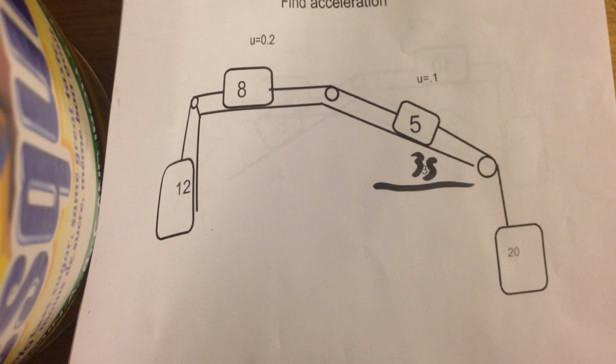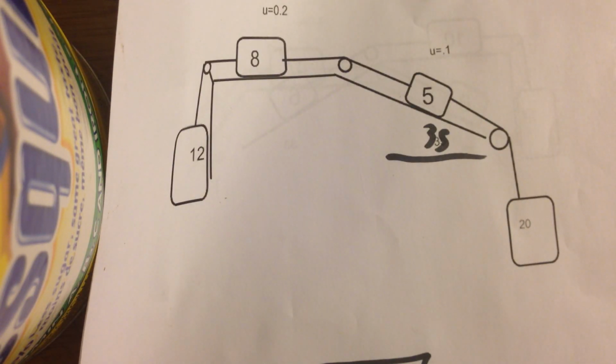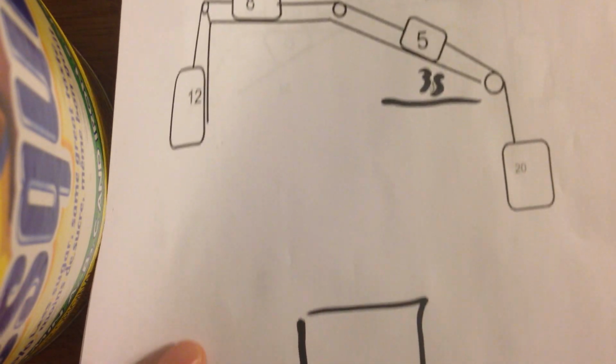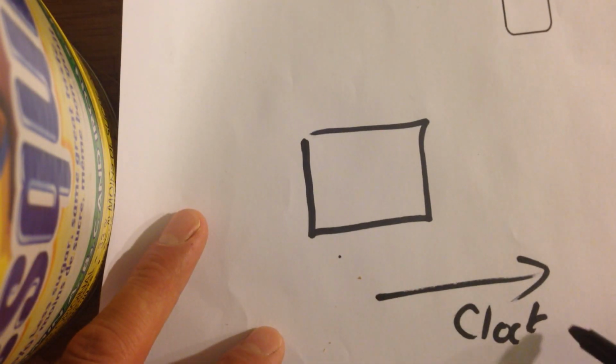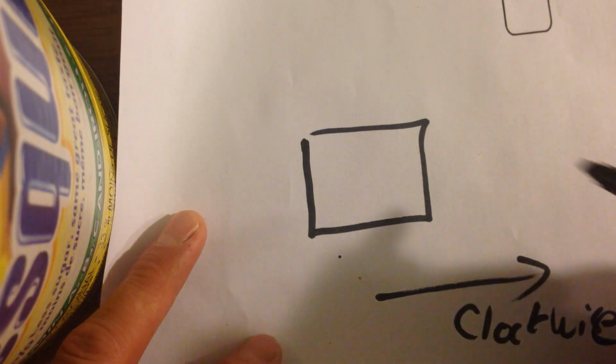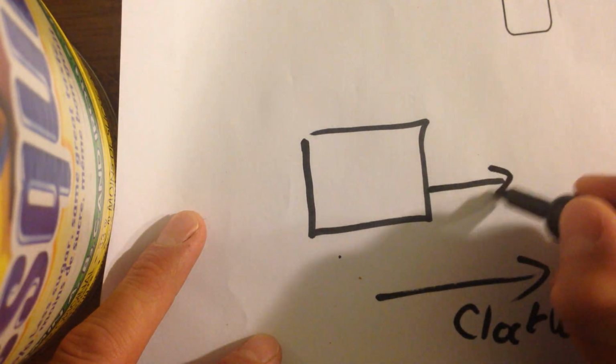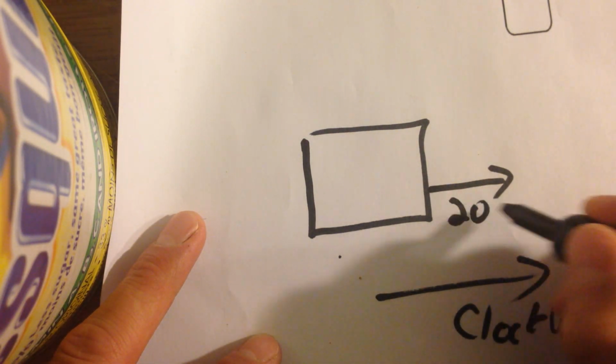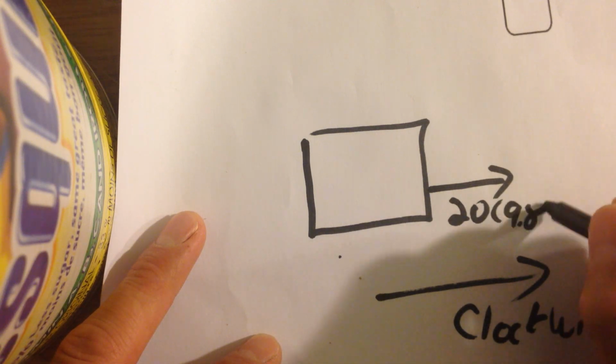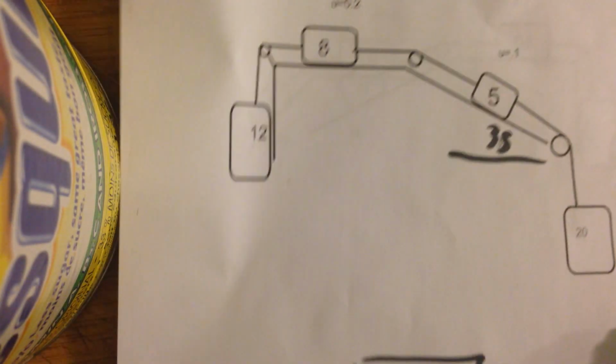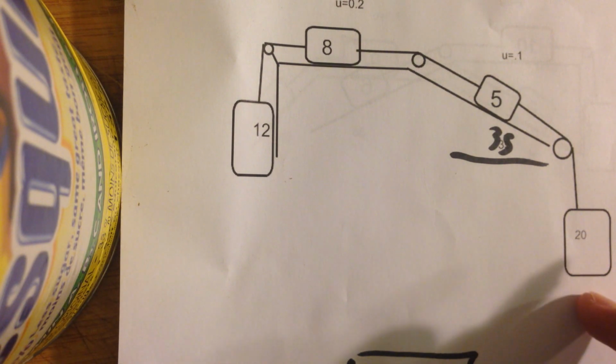So the first thing I'm going to put on here is going to the right. So to the right will be clockwise. And going to the right, I'm going to have 20 times 9.8. That's the force of gravity pulling this block down.